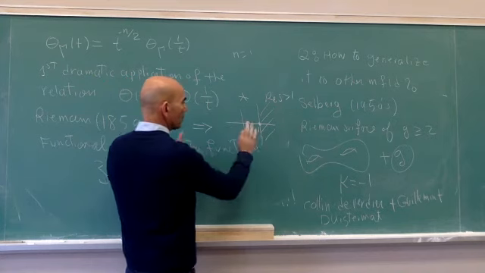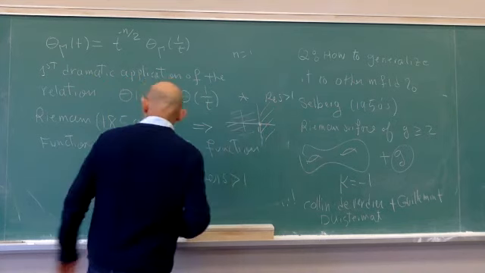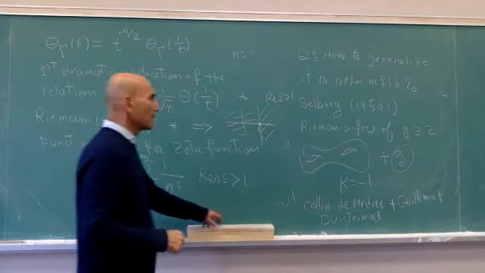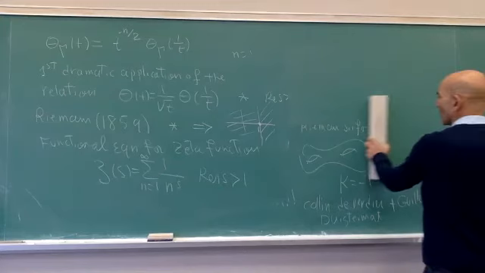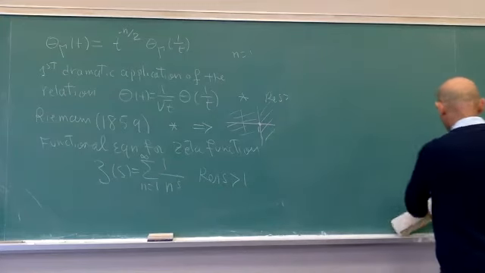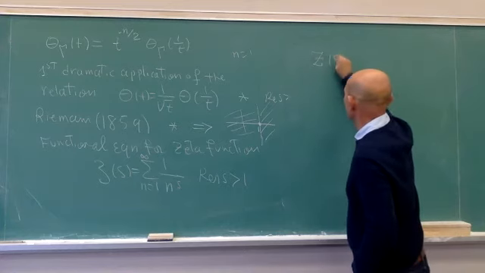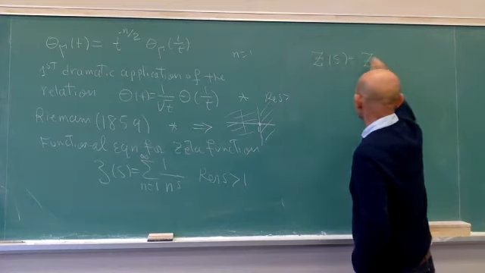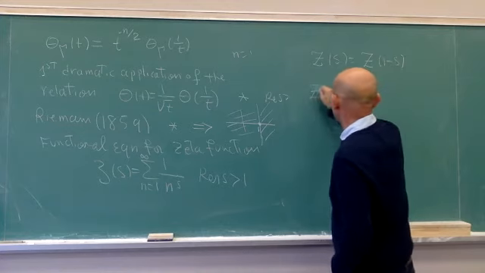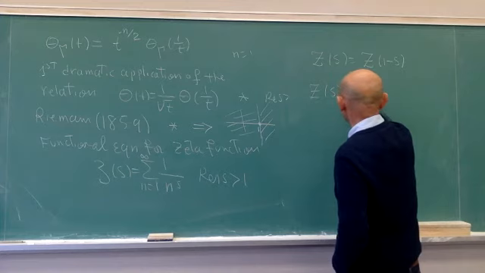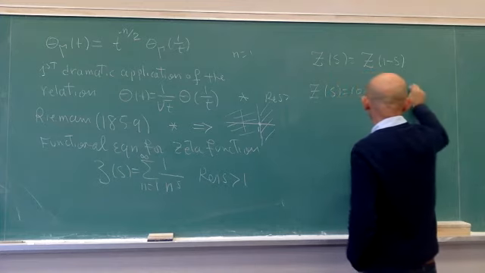There's only a single pole at 1, everywhere else holomorphic, and it also satisfies the following equation: z of s is equal to z of 1 minus s, where z of s is called the completed zeta function.